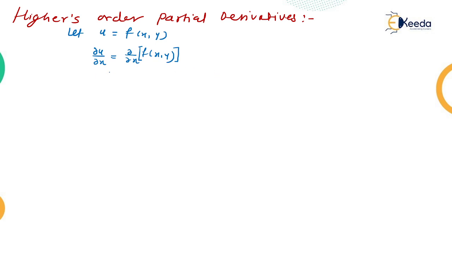Now we also take again the differentiation, that is del 2 u divided by del x square. Again you take the differentiation of del u by del x, and it becomes del 2 u upon del x square. This is denoted by del 2 u by del x square, meaning del by del x of del u by del x. The second derivative is nothing but the derivative of the first order derivative. So you also take the differentiation of u with respect to x and y.